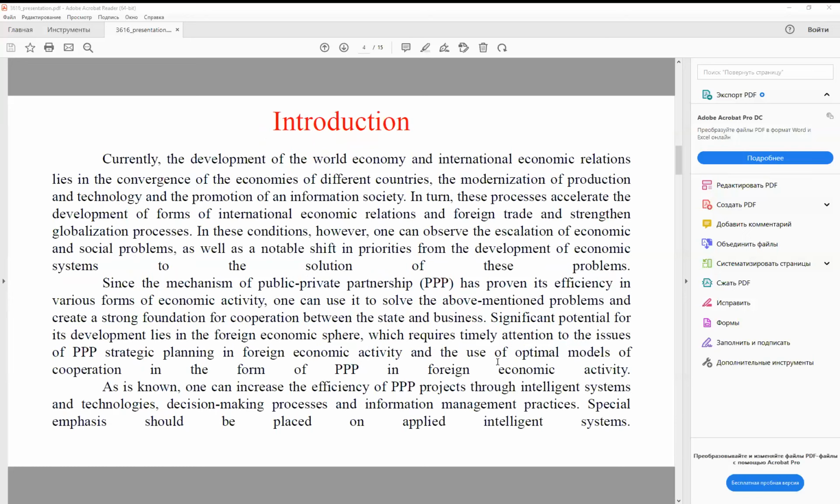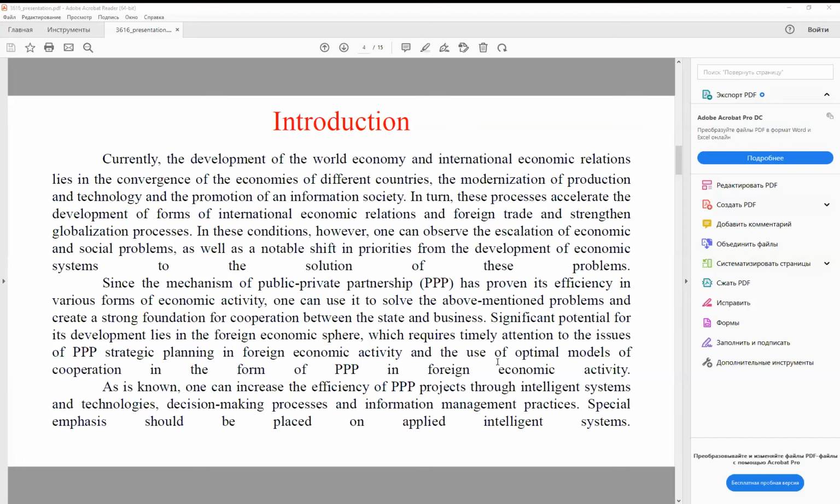In these conditions, however, one can observe the acceleration of economic and social problems, as well as a notable shift in priority from the development of the economic system to the solution of these problems. Since the mechanism of public-private partnership, PPP, has proven its efficiency in various forms of economic activity, one can use it to solve the above-mentioned problems and create a strong foundation for cooperation between the state and business.